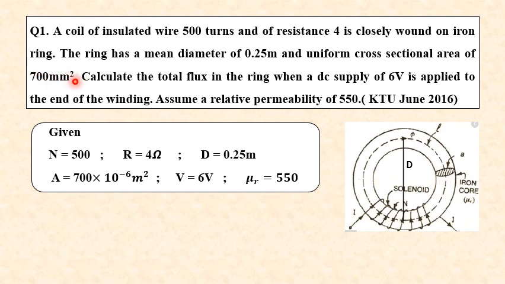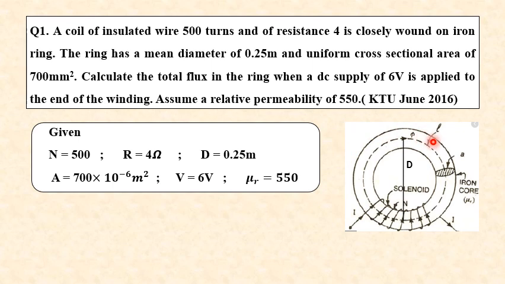Converting it into SI unit, we get 700 into 10 raised to minus 6 meter square. Also it is given that the coil is supplied with a voltage V equal to 6 volt, and the relative permeability of the ring, mu R, equal to 550. So these are the given parameters.